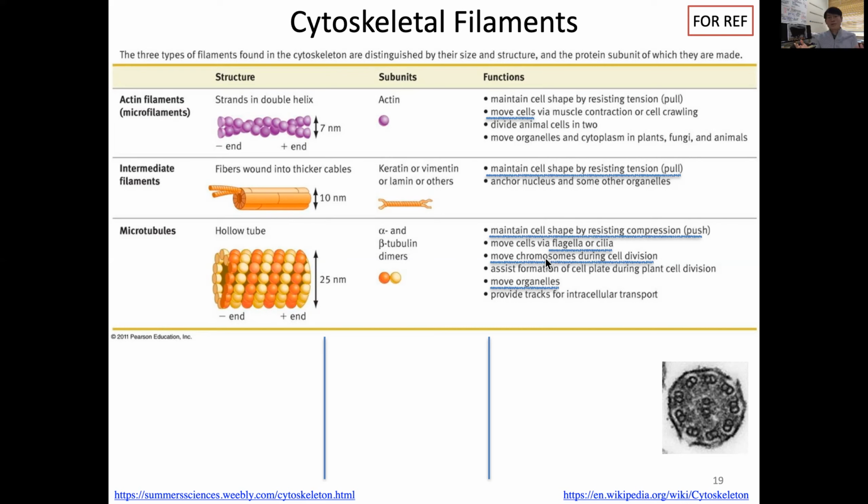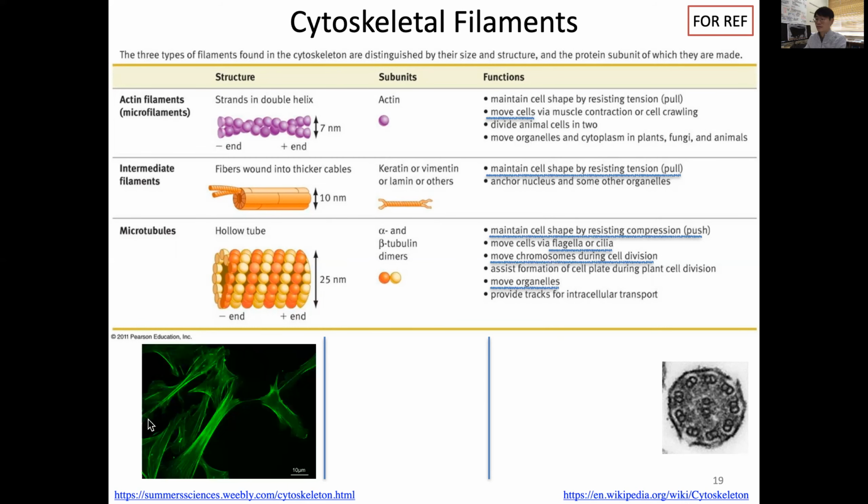On the other hand, microtubule has so-called dynamic instability. It goes out and then suddenly disappears. So it's actually very dynamic when necessary. I brought some microscopic views of actin filaments. You look at this, there are actin fiber bundles.